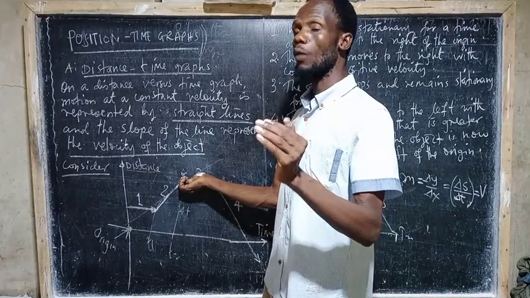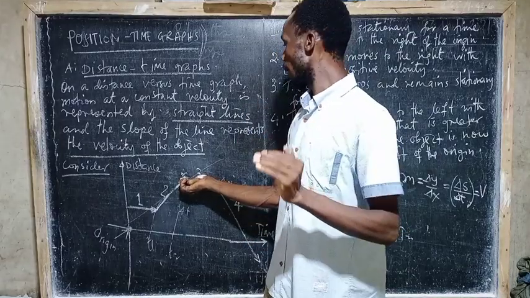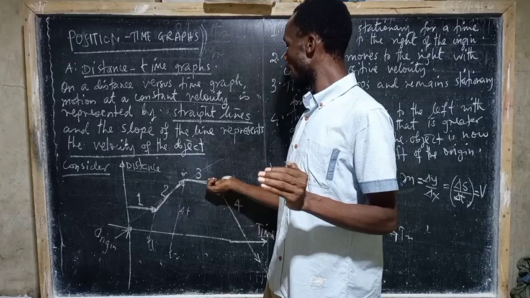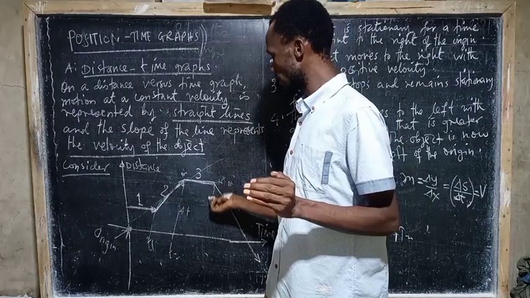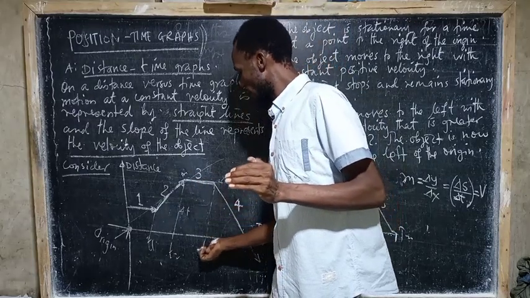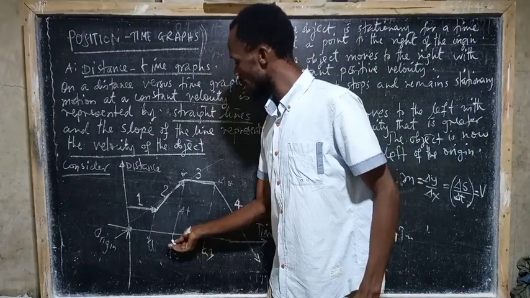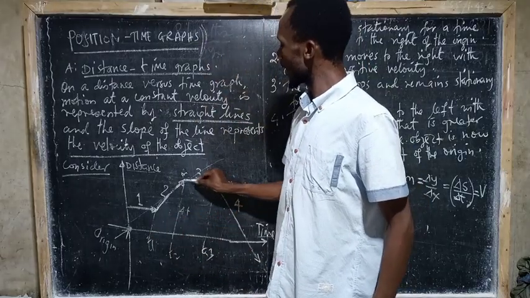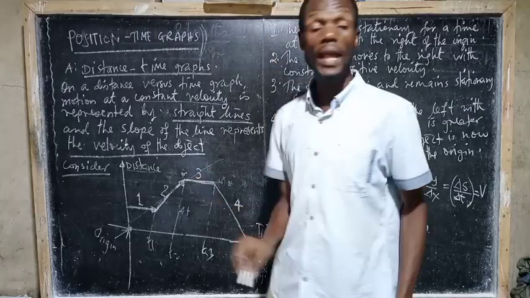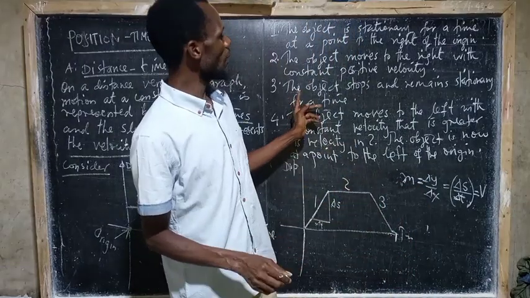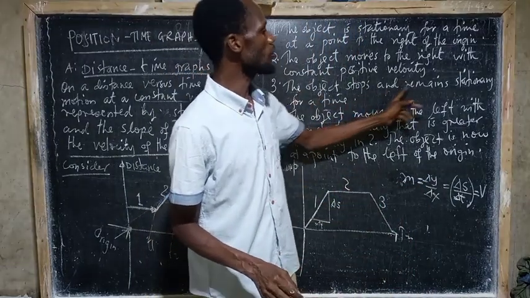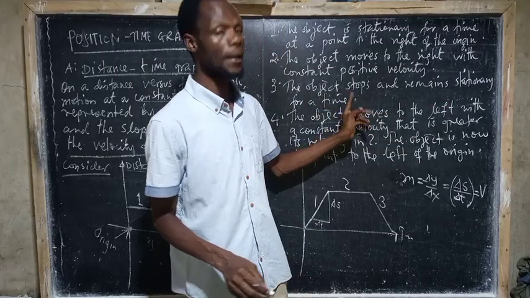Lakini wakati anasimama, kwa sababu muda hatujausimamisha, muda ulikuwa unazidi kusogea, ndio maana alisimama kwa muda fulani mpaka t3. Maanake this is the first time, this is the second time, this is the third time. That is what we have experienced here. The object stops and remains stationary for a time.